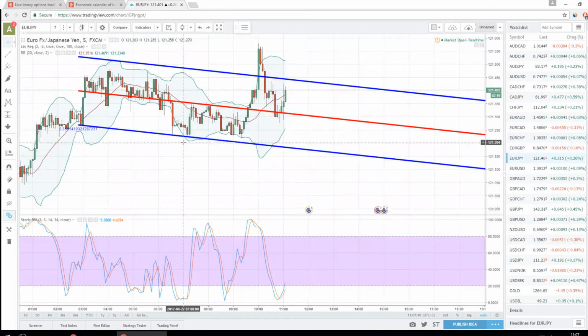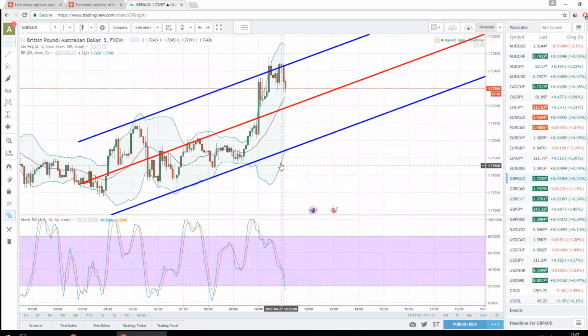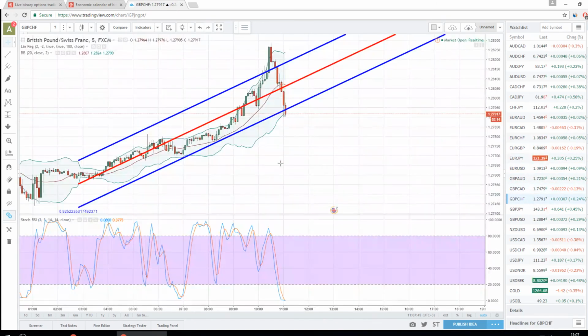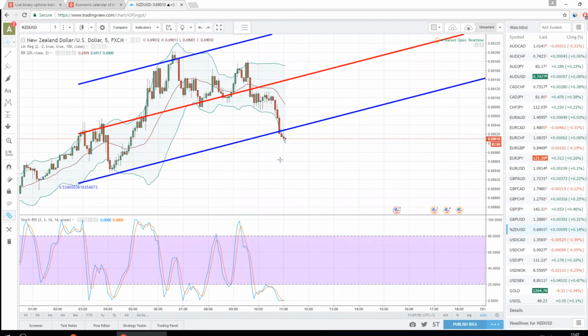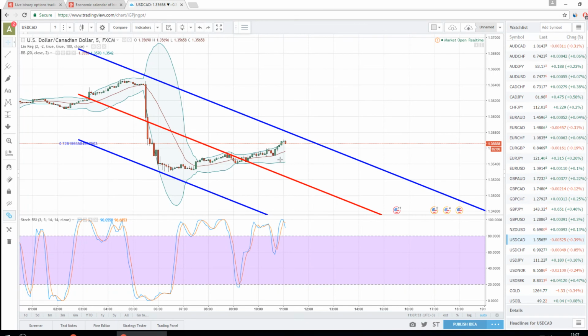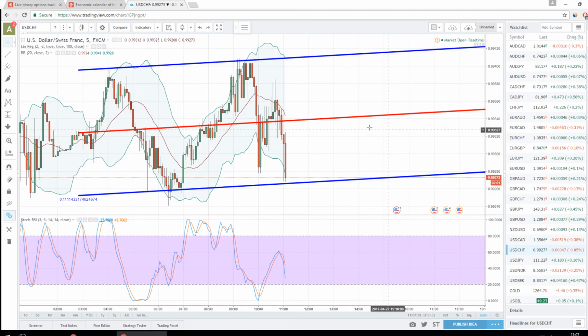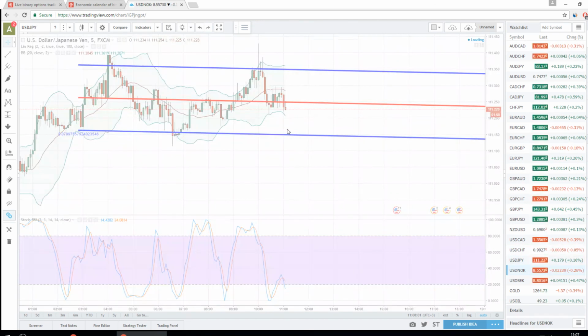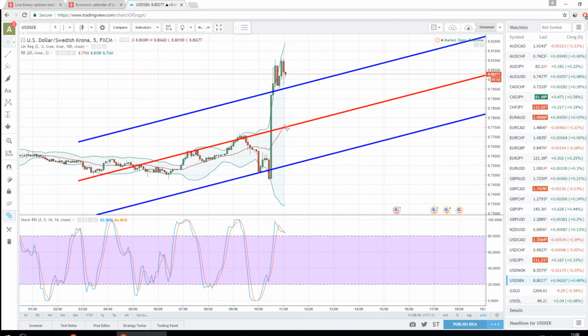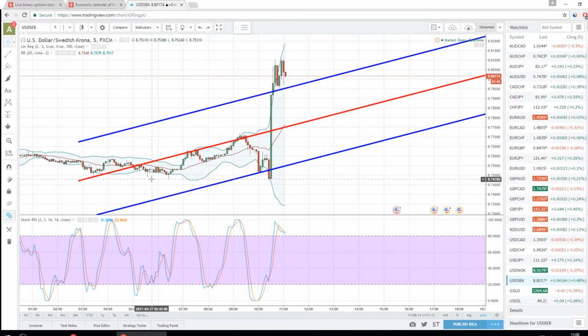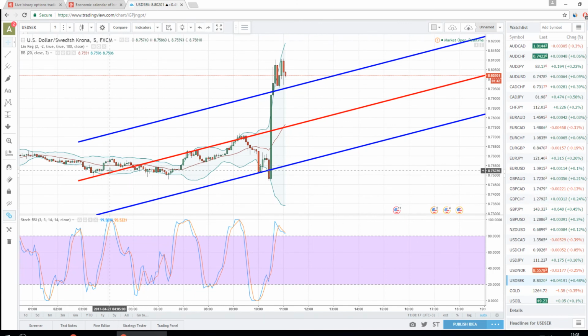Well, I'm making the second lap because I don't see any good entrance points. Here is also a pretty interesting situation.